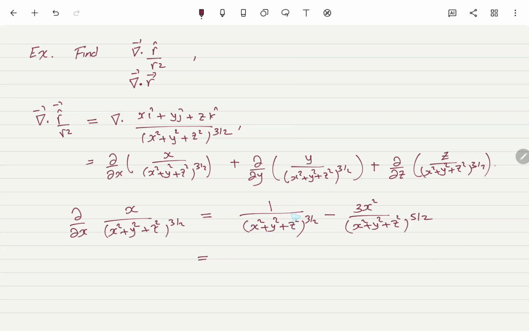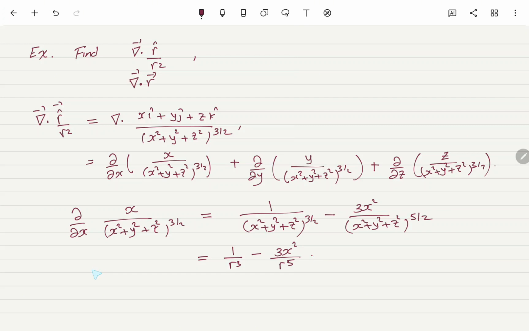And this thing here is equal to 1 over r cubed minus 3x squared divided by r squared, and this will be r to the power 5.